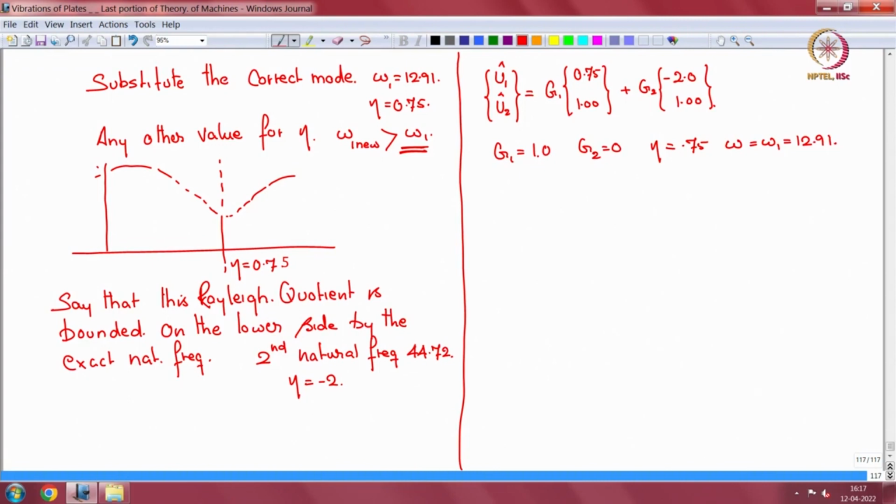Okay. If I choose any other value, that means some value for g1 and some non-zero value for g2, then what do we get?